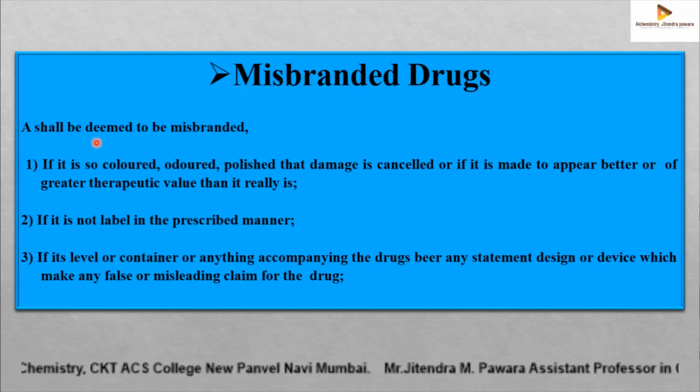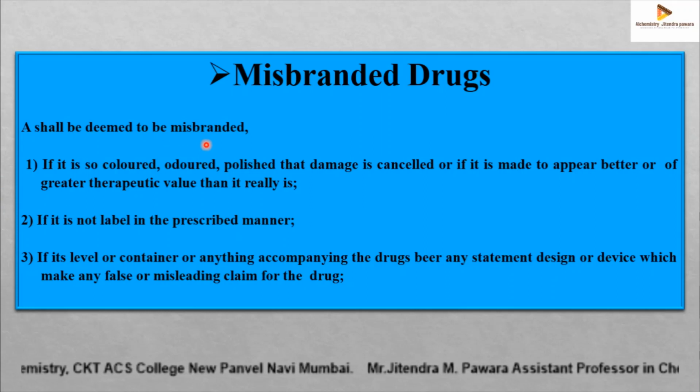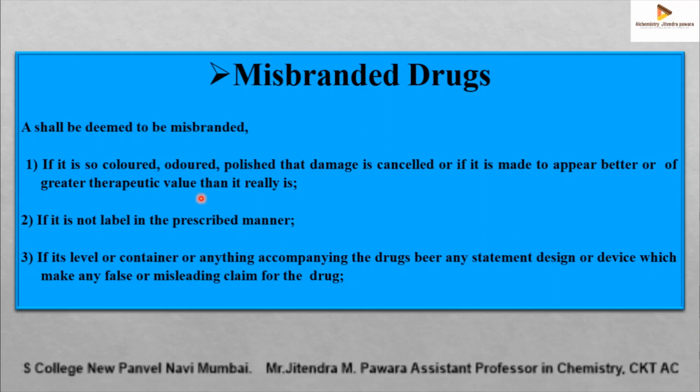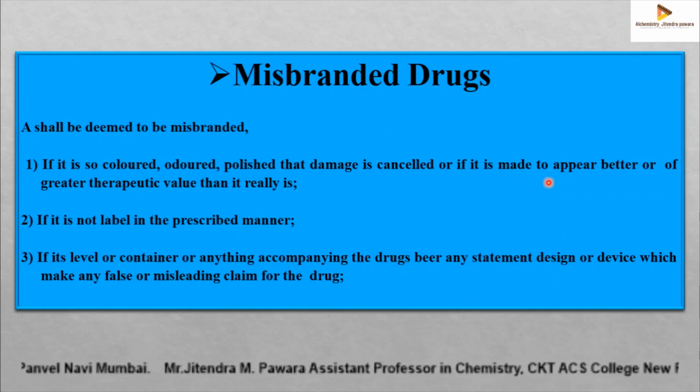A drug shall be deemed to be misbranded if it is so colored, coated, powdered or polished that damage is concealed, or if it is made to appear of better or greater therapeutic value than it really is. That drug is called a misbranded drug.